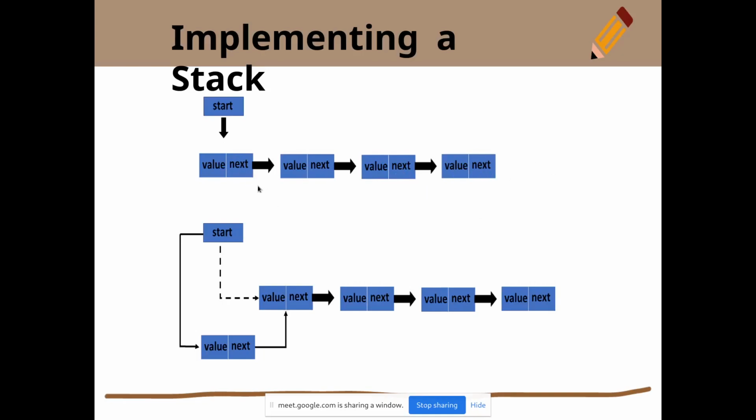So we can consider it similar to an array list, not exactly, but in some sense. Inside a linked list, we have a start pointer, or maybe a pointer at the last also sometimes. But in this case, to implement the linked list as a stack, we will have a start pointer.